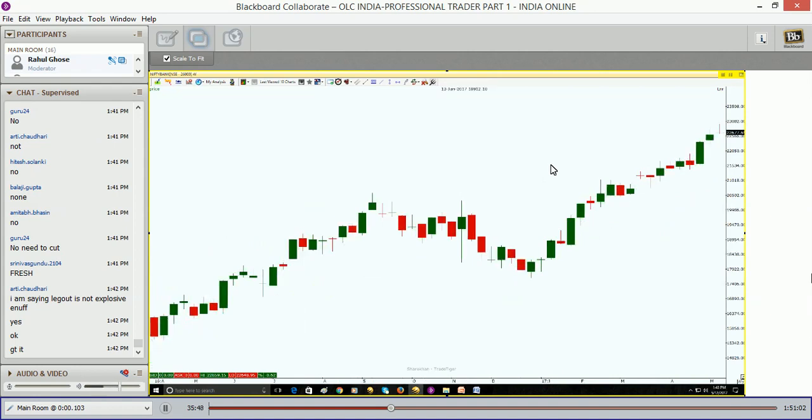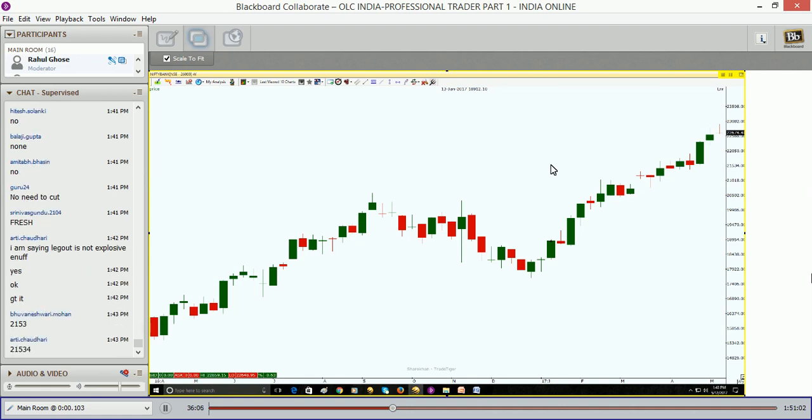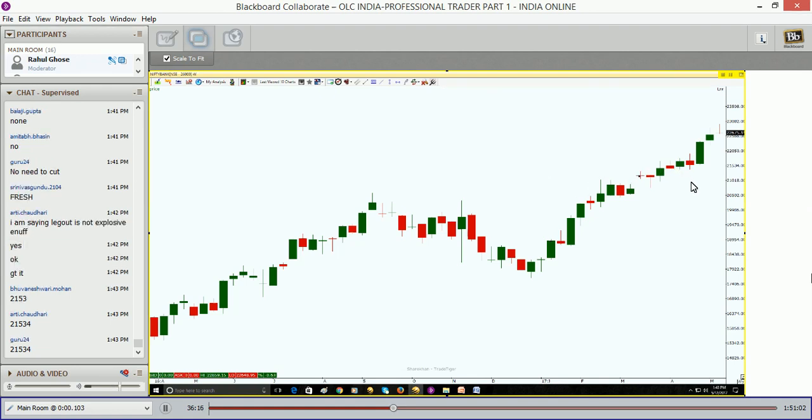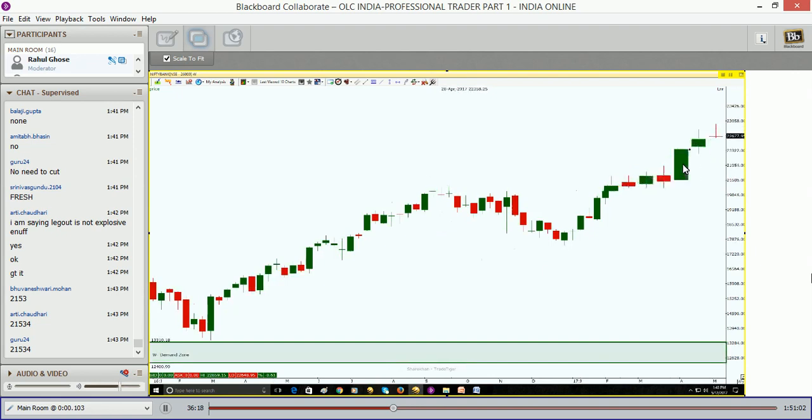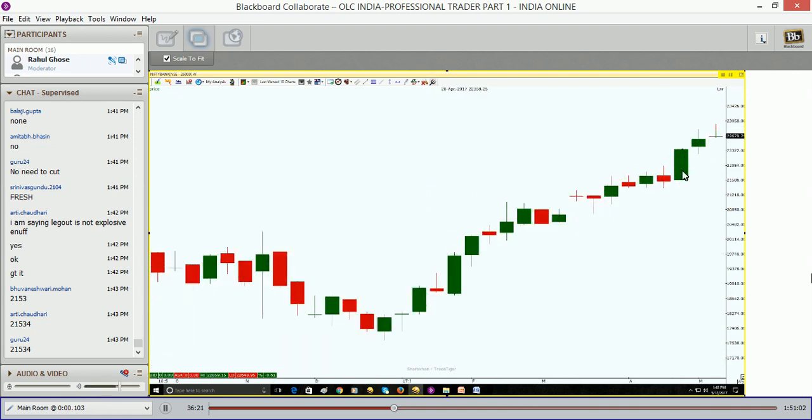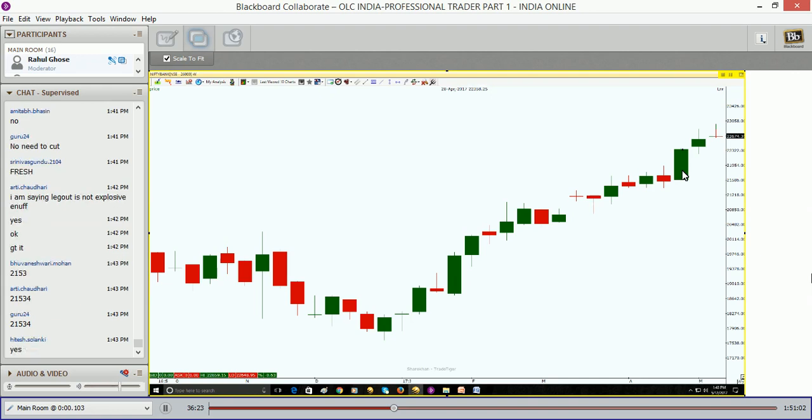Now where can you find a big move in price, guys? Where can you all find a big move in price? 21,534, big move in price over here. I'm sure all of you agree this is an exciting candle, yes?